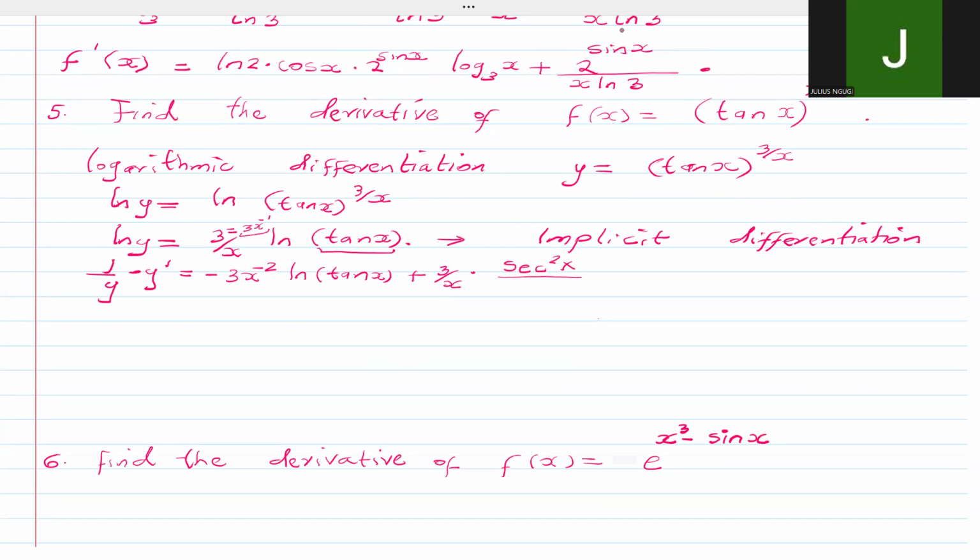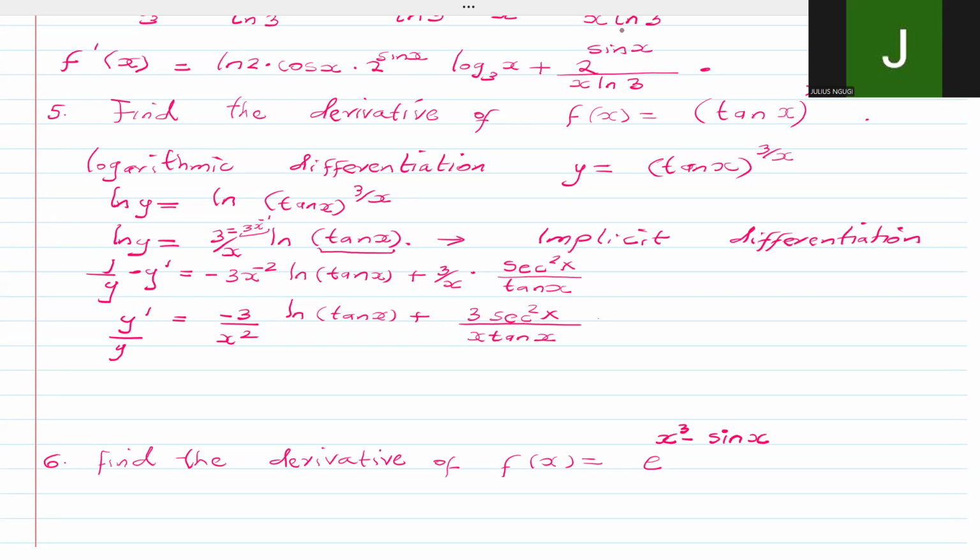Then you divide by the original function, tangent of x. So rearranging it to be neater, the left-hand side is y prime over y equals minus 3 over x squared, natural log of tangent of x, plus 3 secant squared x divided by x tangent of x.